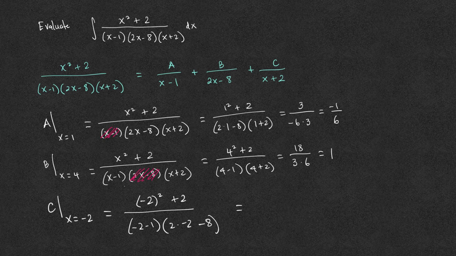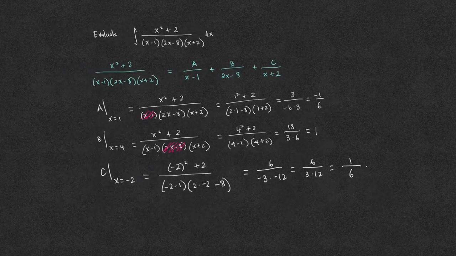The numerator is 4 plus 2, or 6. The denominator is negative 3 times, 2 times negative 2 is negative 4, negative 4 minus 8 is negative 12. So this is 6 over 3 times 12, or 1 over 6. The coefficient C is positive 1 over 6.